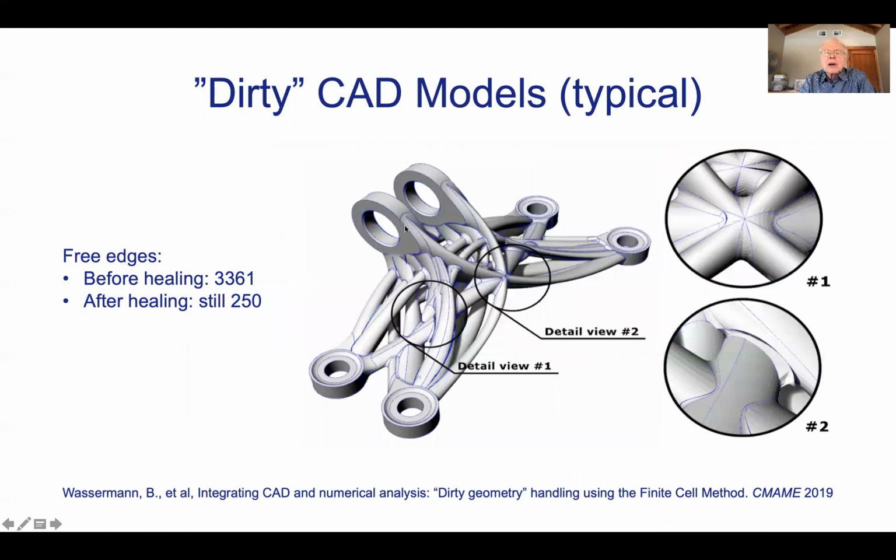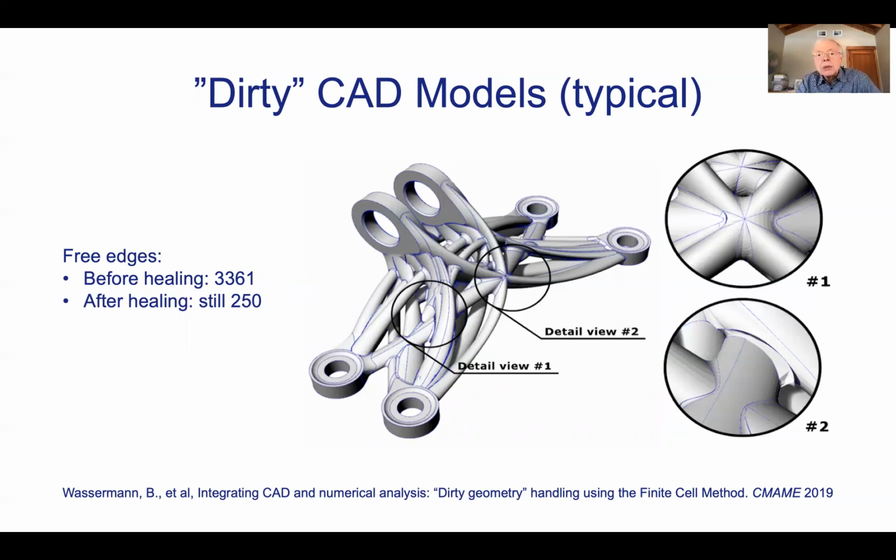This is a very, very complex bracket. It has many gaps and overlaps between the CAD patches. Before so-called healing comes in to try to fix that, there are over 3,000. Even after using the best healing software, you still had 250. So it's really difficult to generate a traditional boundary fitted mesh for something like this.